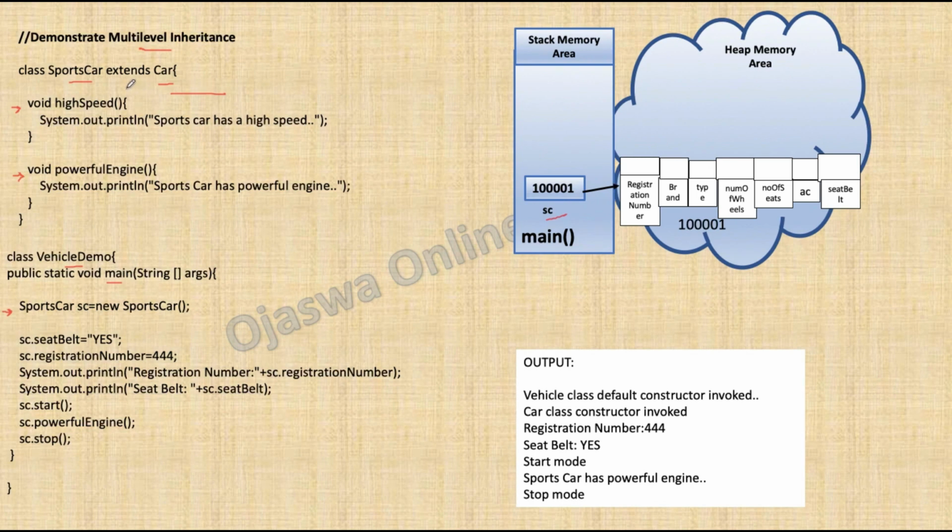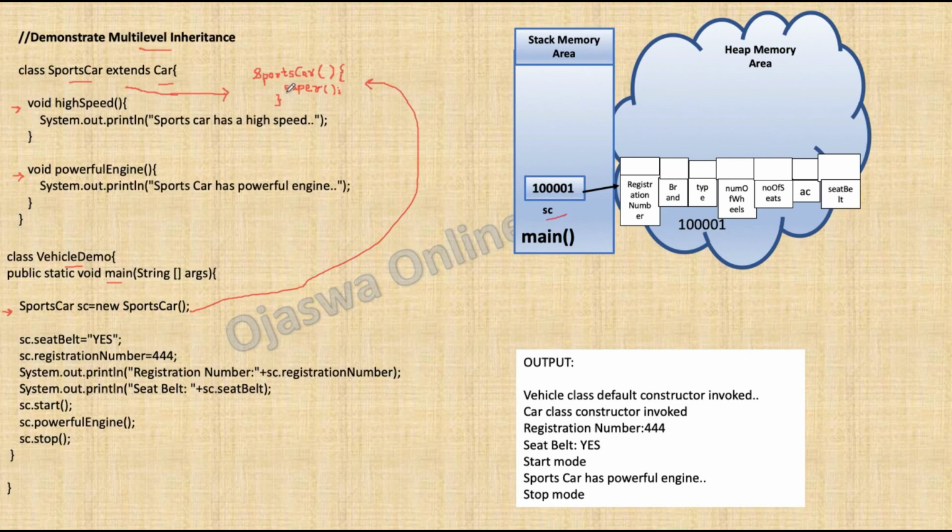So during compilation, compiler has already included the code for default constructor, that is sports car, parenthesis, braces, and inside this default constructor, it includes the code for call to the superclass constructor. So when the object is created, call to the constructor goes, but there is no specific code written inside. The only code included by the compiler is super parenthesis, that is call to the superclass constructor.